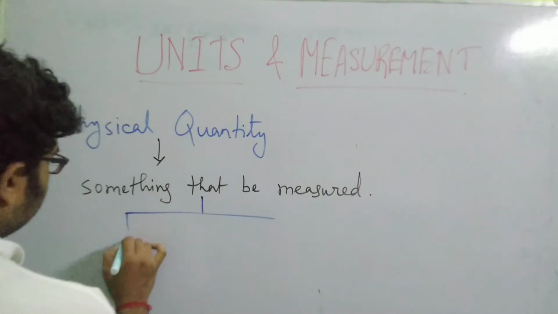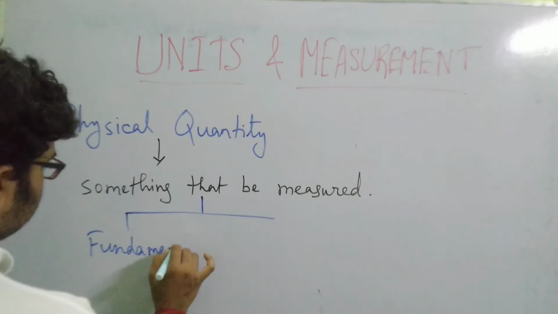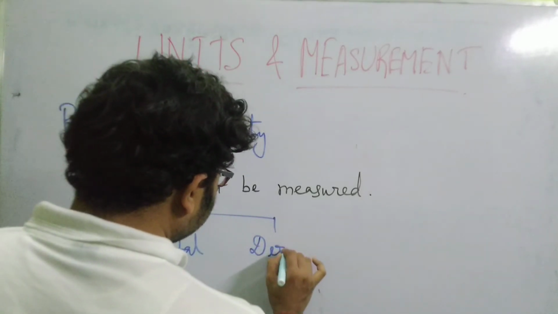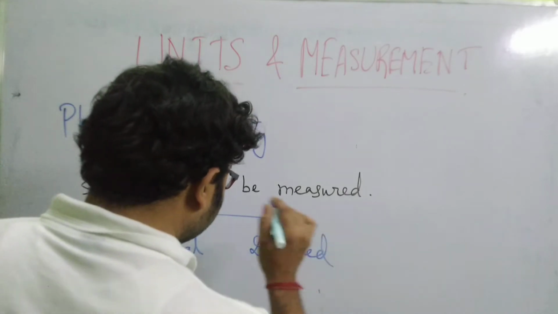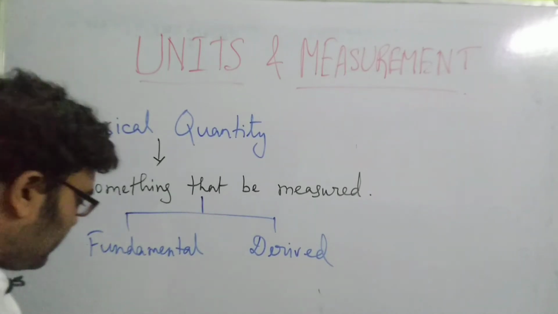One is fundamental physical quantity, and the second is derived physical quantity. So fundamental and derived. What are these fundamental physical quantities and what are these derived physical quantities?